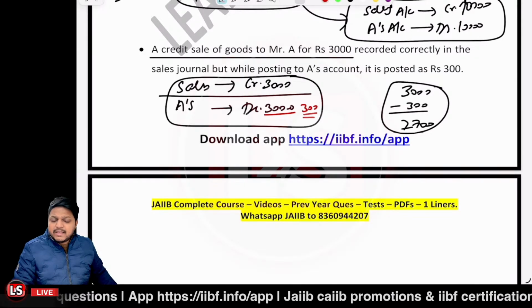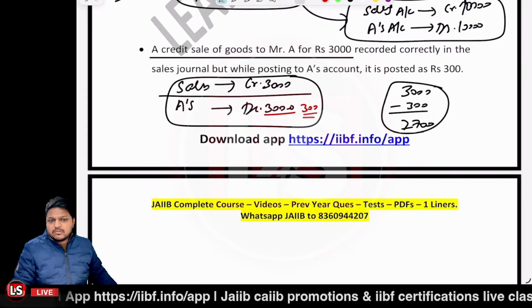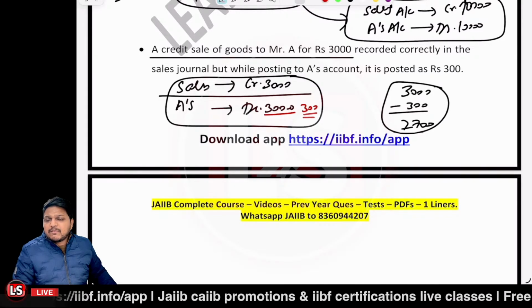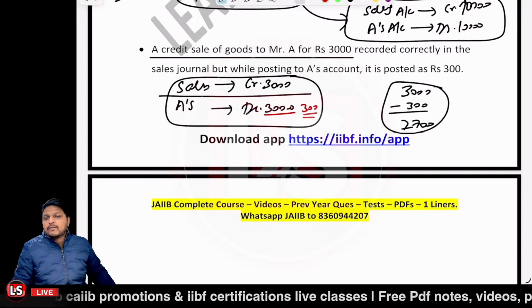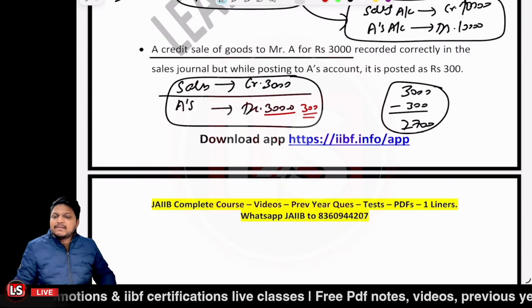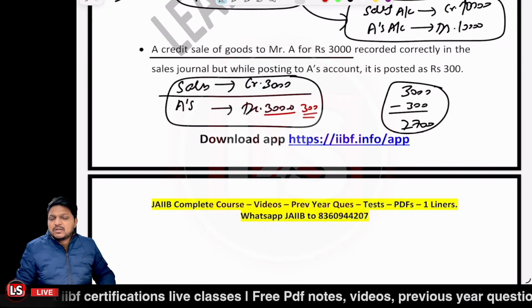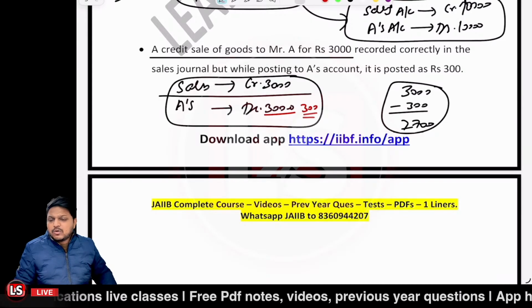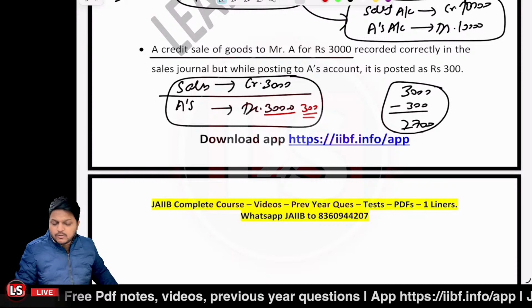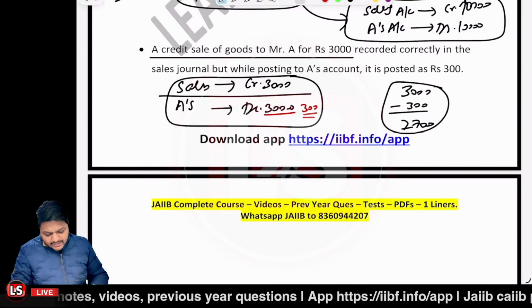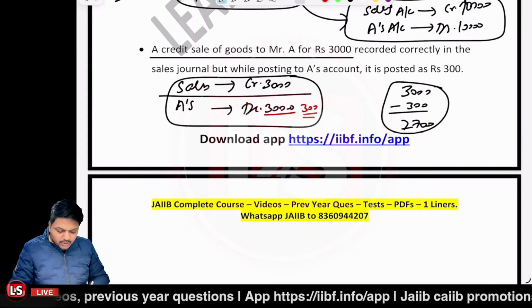Journal entry. If we have already opened the suspense account, because whenever we have prepared the trial balance and the trial balance is not agreeing, what we do is post the entry into the suspense account. We just post a temporary entry into the suspense account and then after that we can fix the suspense account, right? So that's the scenario. So we are to basically post an entry of rupees 2,700 to A's account.